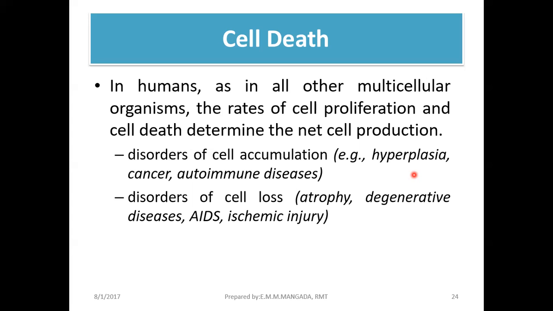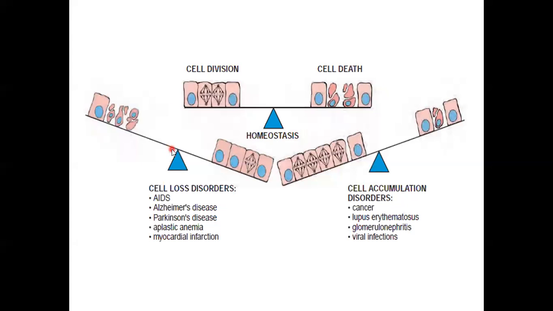What else? Infection with rare types of cancer like Kaposi sarcoma. So, things like that. So, disorders of cell loss. Guys, there should be balance, or homeostasis, between cell division and cell death. Why? Because if there's increased cell loss, of course, that will result in disease due to cell loss.